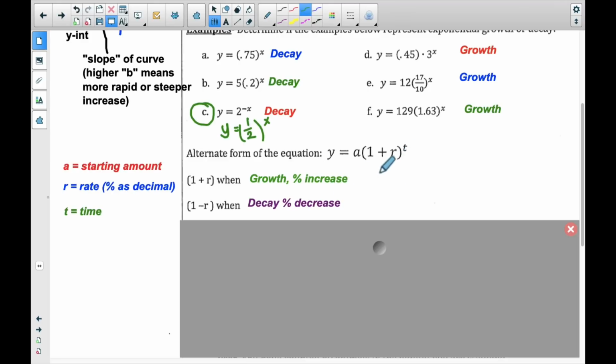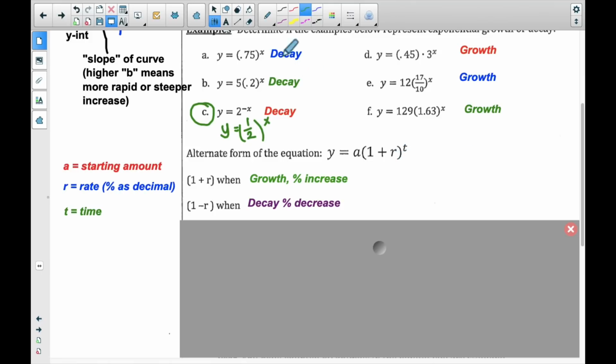This would be when you have a percent increase or a percent decrease. And so if it is 1 plus r, that's a percent increase. If it's 1 minus r, that's a percent decrease. And so A, once again, that's the same A. It's your starting amount. That's your y-intercept, or if it's money, it's how much money you started with. And then R is the rate, the percent as a decimal, and T is the time.